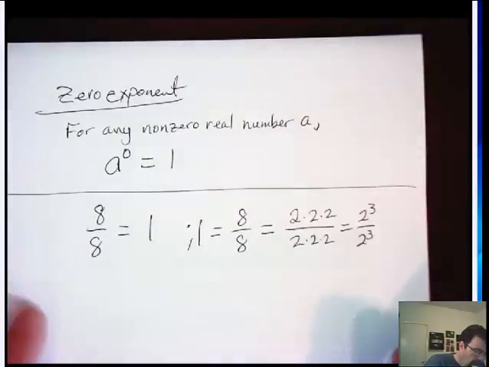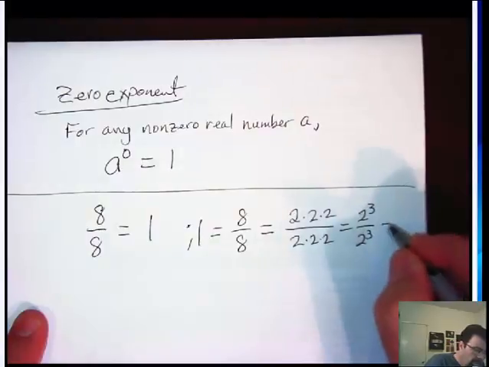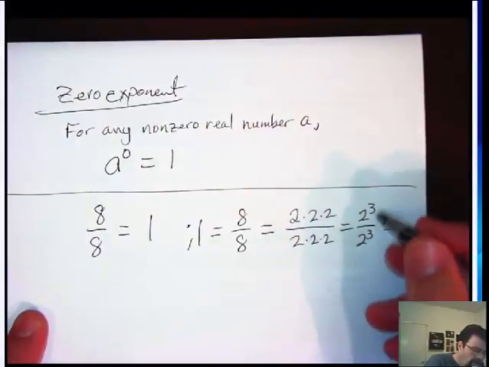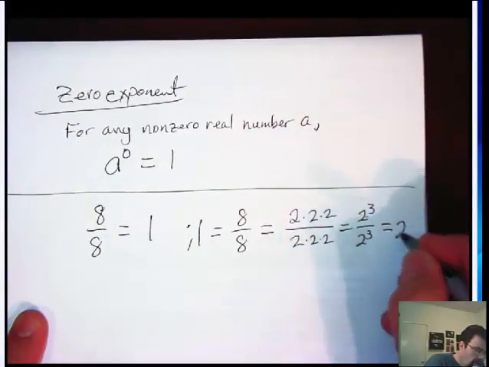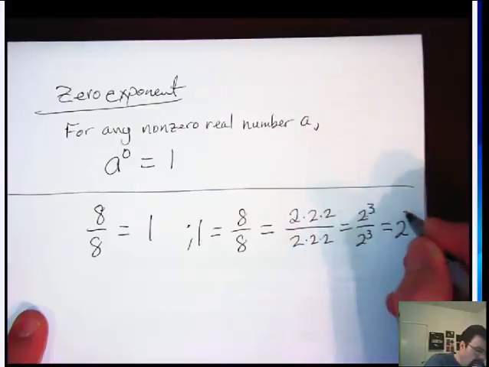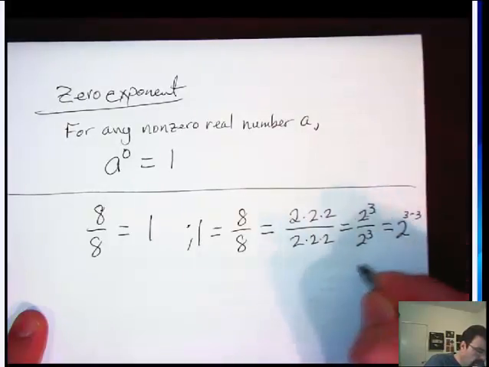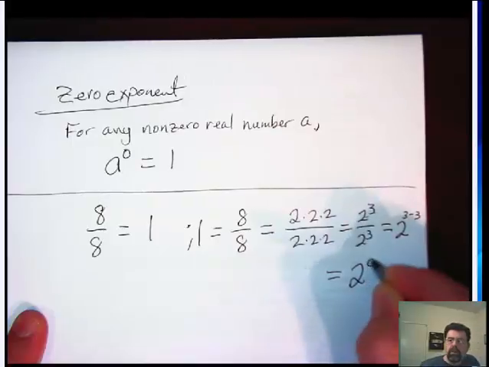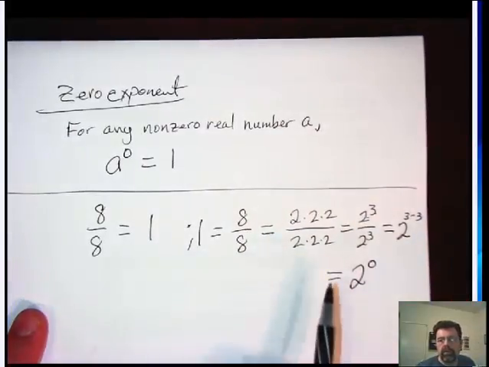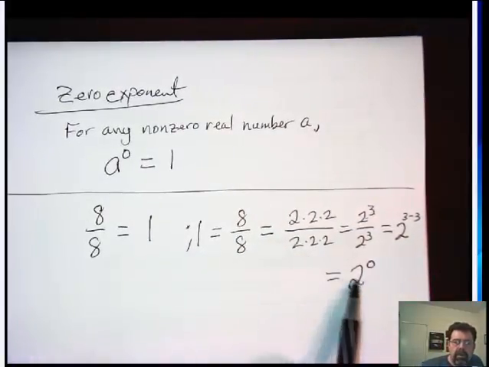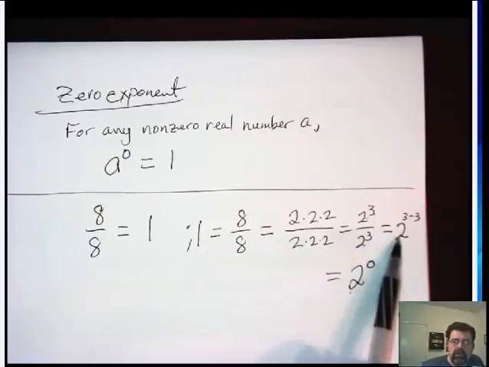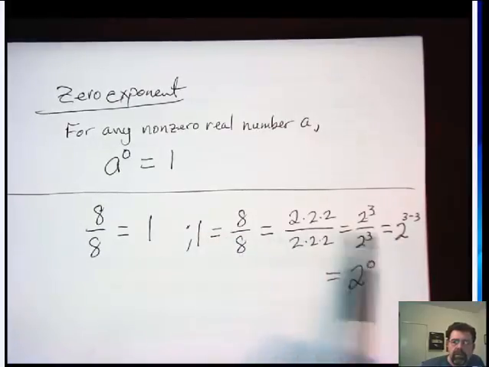Since the bases are the same, from the quotient rule, you leave the base alone and you subtract the exponents, and 3 minus 3 is 0. So 2 to the 0 has to be 1 for this chain of events to be all equal.